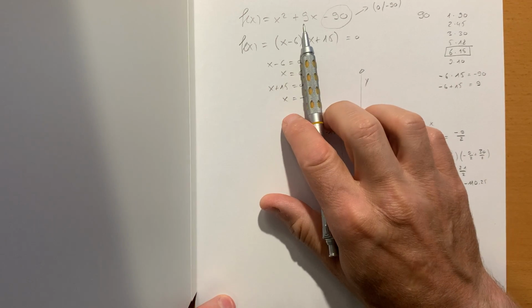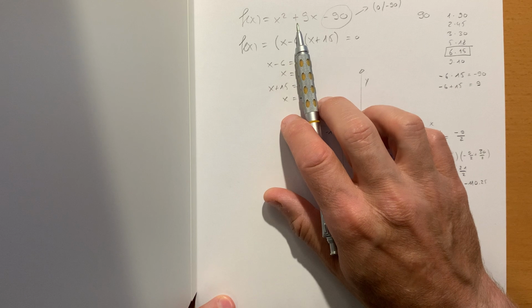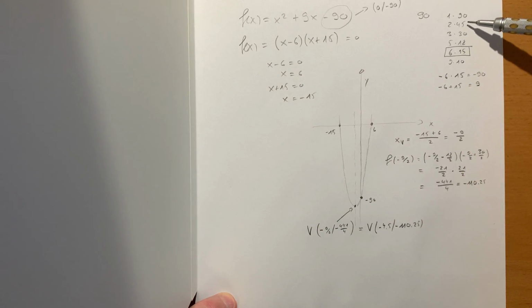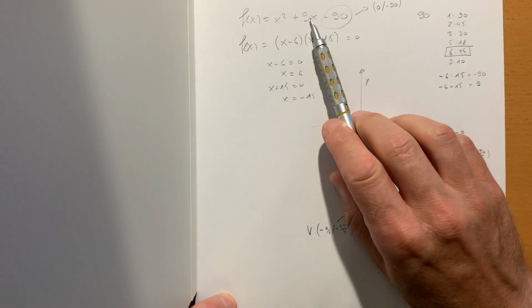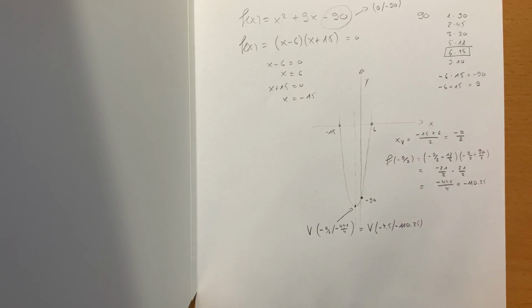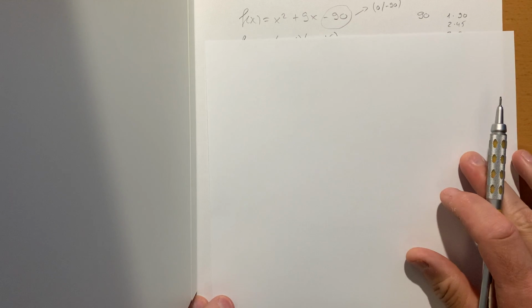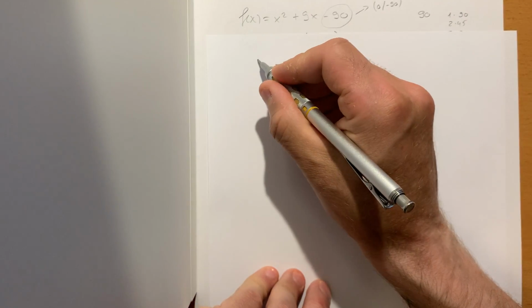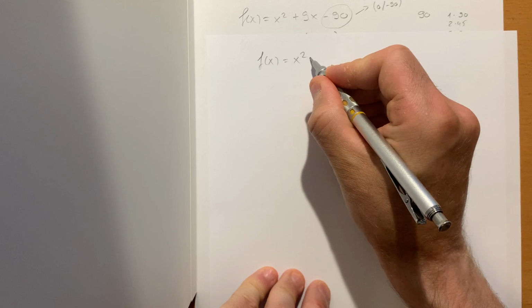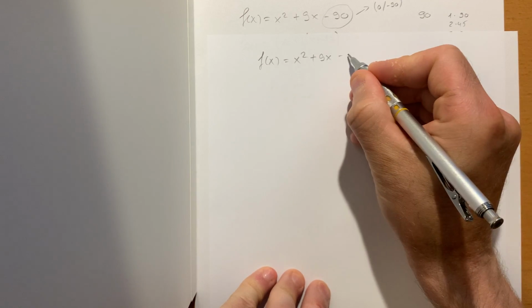For example, if you had x squared plus 10x minus 90, you would not find a possibility to get your 10 here. So that would not work like this. You wouldn't find integer zeros, but you could still use this method, x squared plus 9x minus 90.